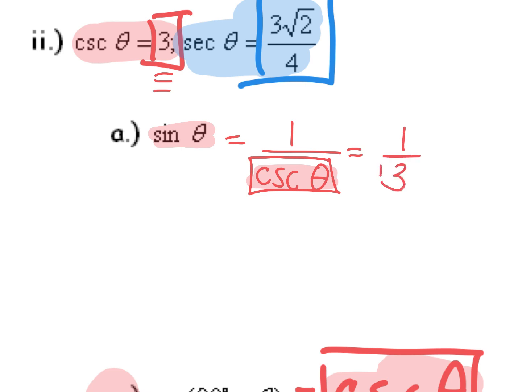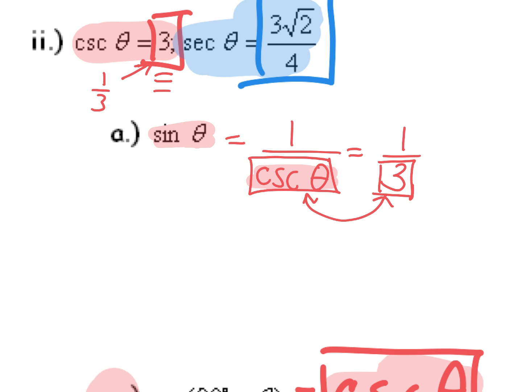So 3 is the substitution I made there for cosecant, because those things were equal to each other according to my given information. The other thing you could have done is just flip 3. Remember that 3 has a reciprocal of 1/3. So notice we get the same answer either way. You can either flip your cosecant value to find sine, or you could just divide it into 1.